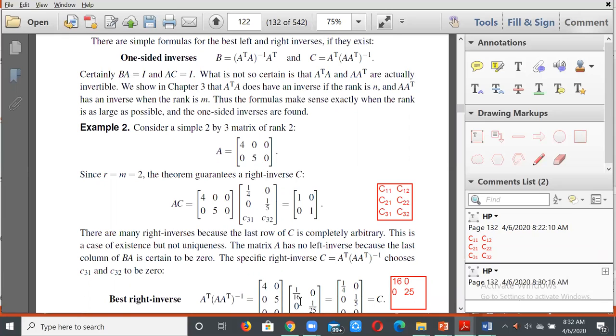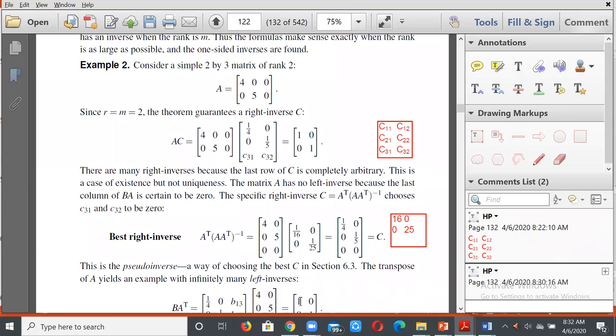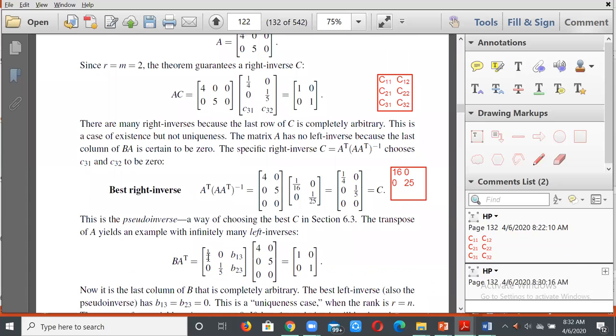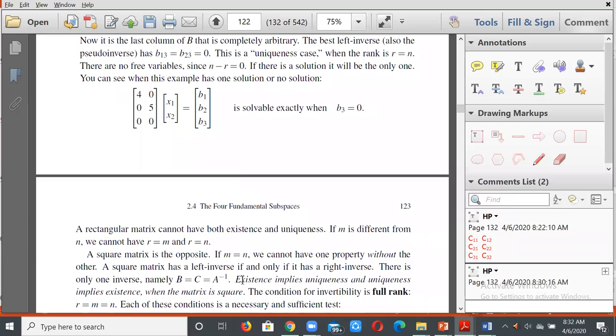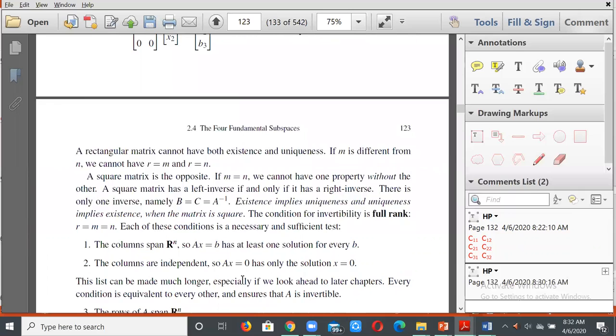You can then find the value, and it will turn out to be the same thing with B13 and B23 equal to 0, 0. Thus, we can find the values of the left and the right inverses. Thank you.